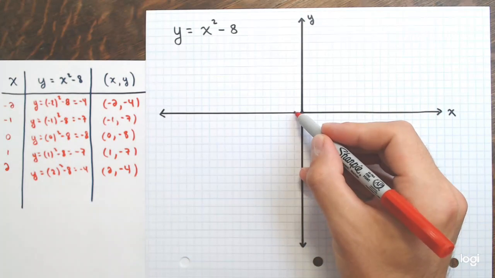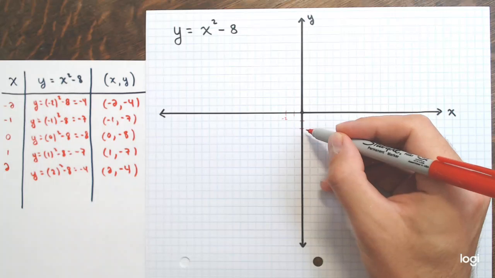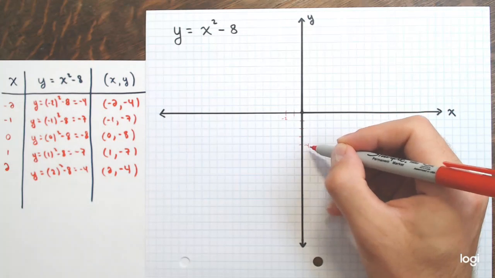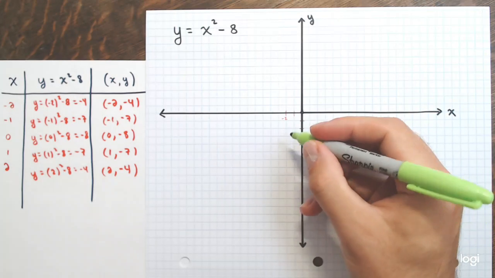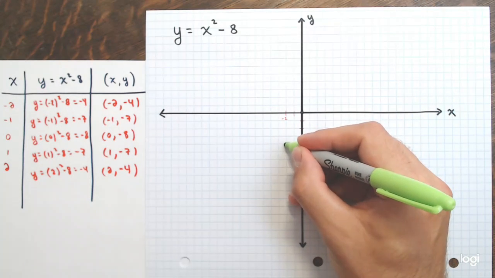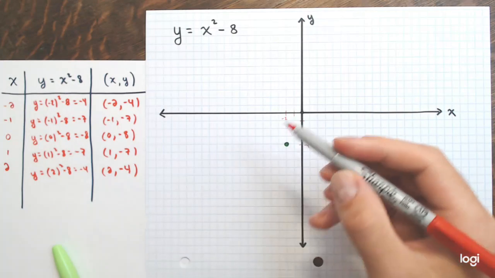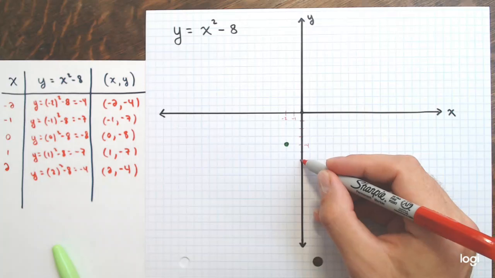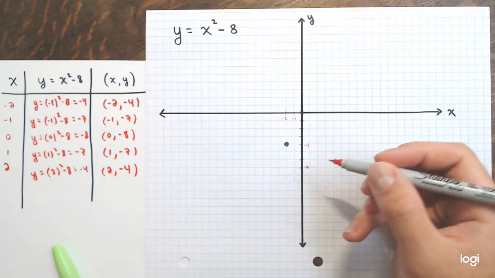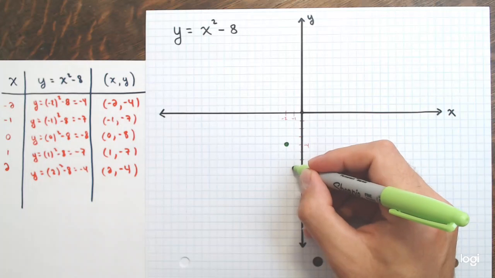So negative 2 for the x, negative 4 for the y. I got a negative 4 on the y-axis, and that would be this point right here. That's in line with both of them, this location. Great. Then negative 1 for the x, negative 7 for the y. And there's negative 1 on the x-axis, negative 7 on the y-axis. There's that location.